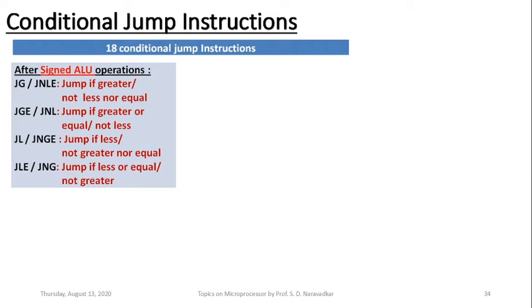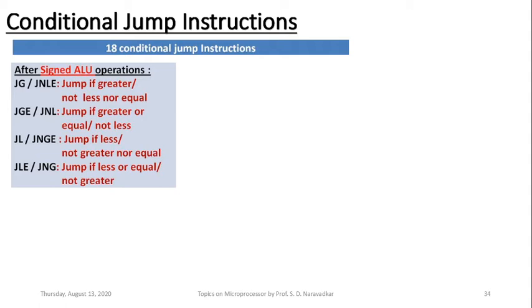If one of the operand is greater than the second operand which is compared or subtracted, then this particular jump instruction's condition will be true, and then that jump will take place to the address which is specified within that instruction itself. So jump if greater clearly means jump if not less nor equal.